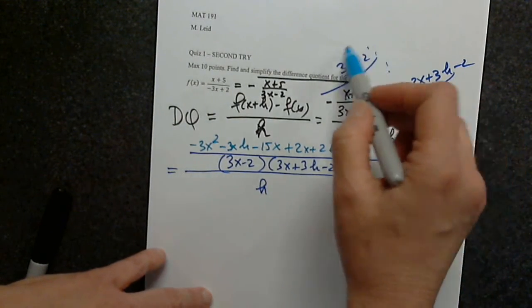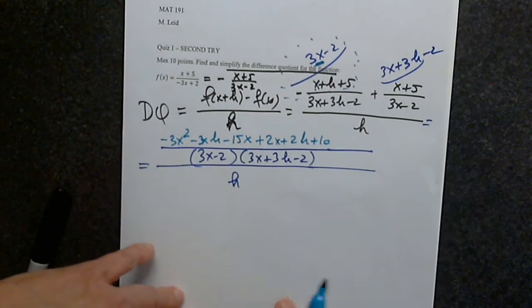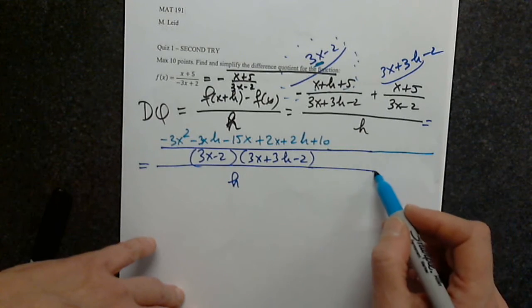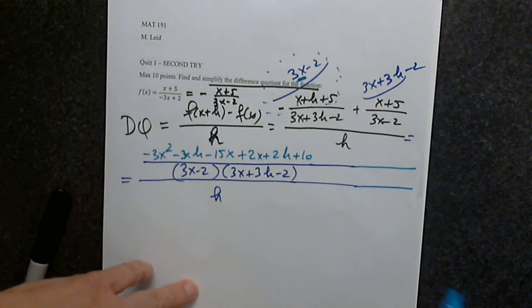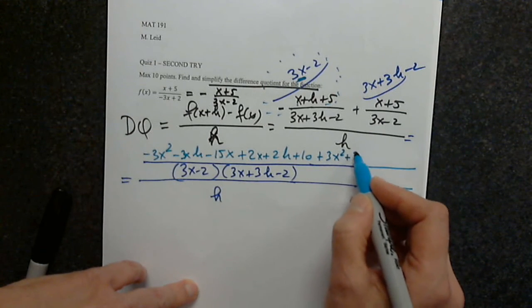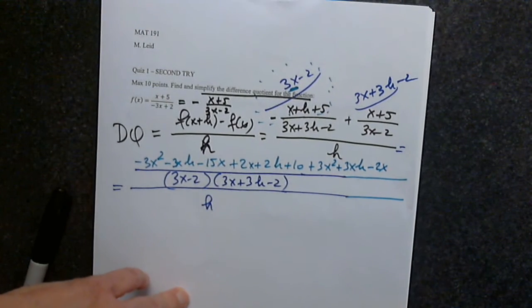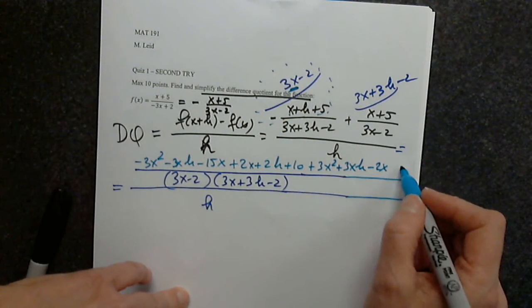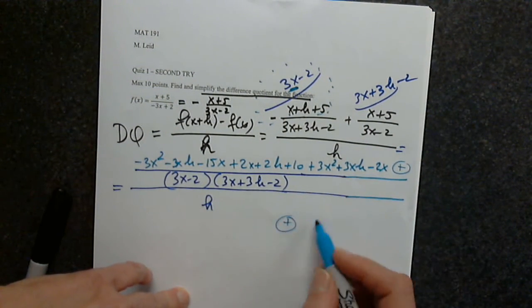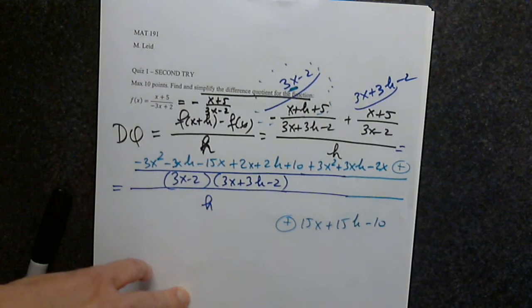This is just this product. Now I distribute x to these three, so plus 3x squared plus 3xh and minus 2x. And now I distribute 5 to these three: 15x plus 15h and minus 10.